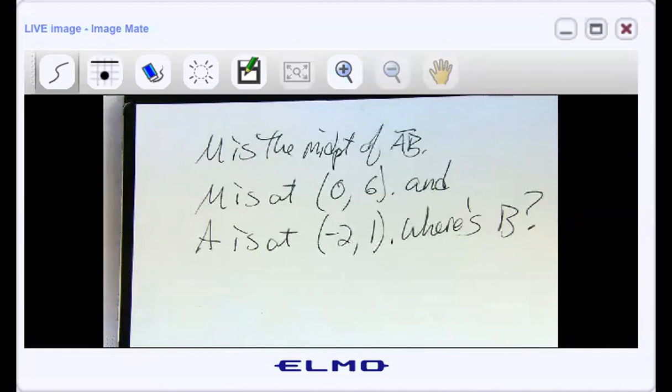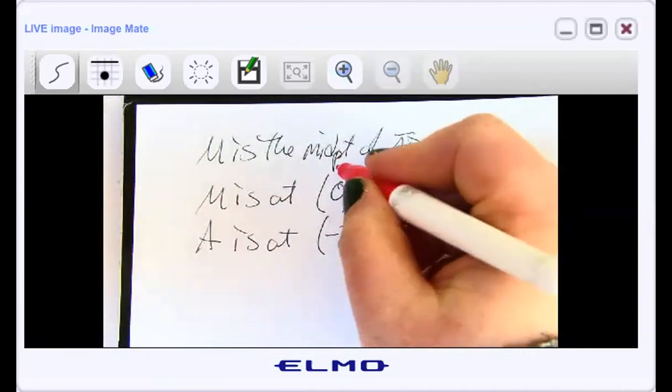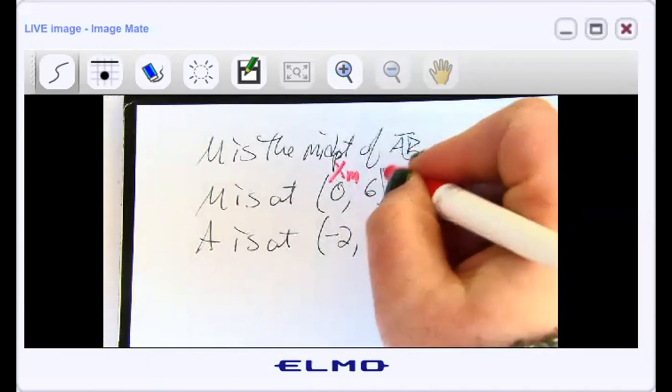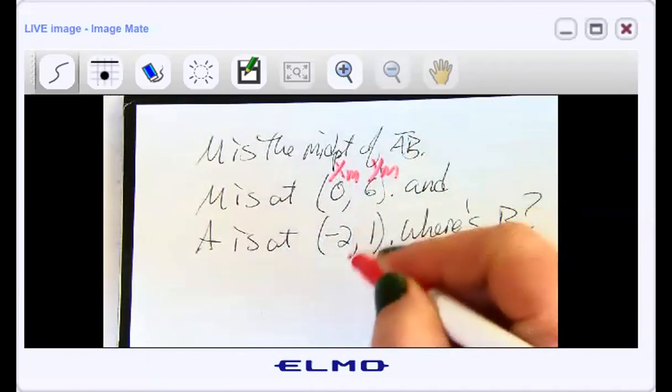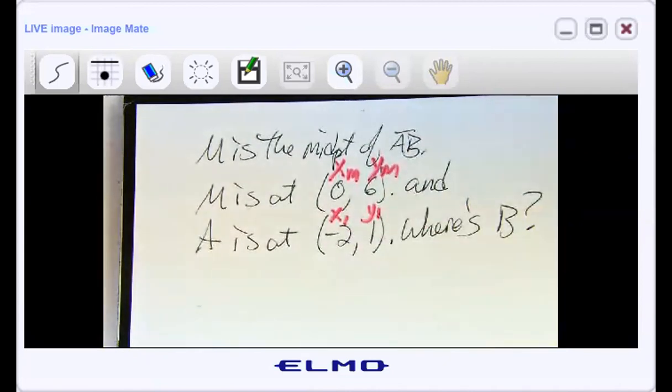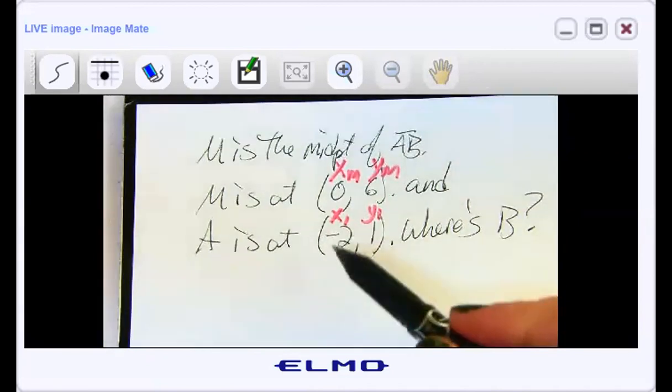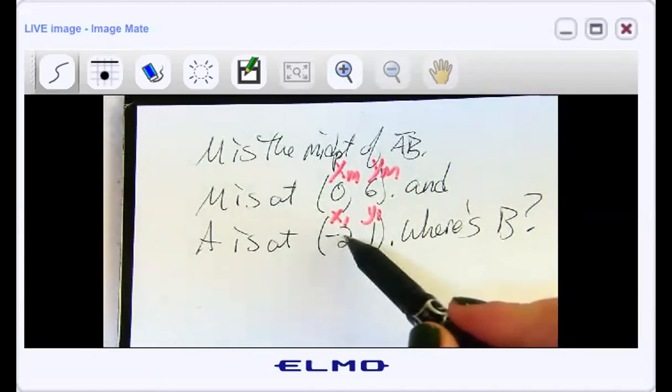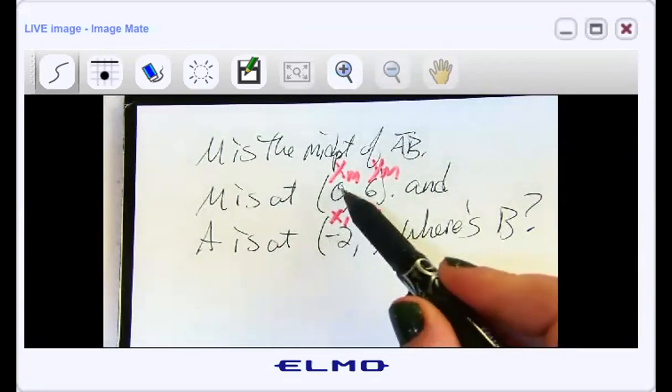All right, so crucial step. You have to figure out who's the midpoint and who's the endpoint. M is the midpoint. So this is X of the midpoint, this is Y of the midpoint. That means A's coordinates are X1 and Y1. Now you have to ask yourself, how are you going from the endpoint to the midpoint? I always start at X1 and ask myself, how do I get up to the midpoint?